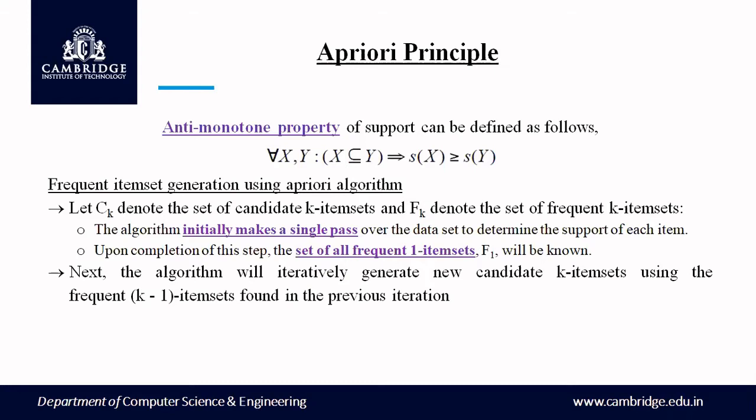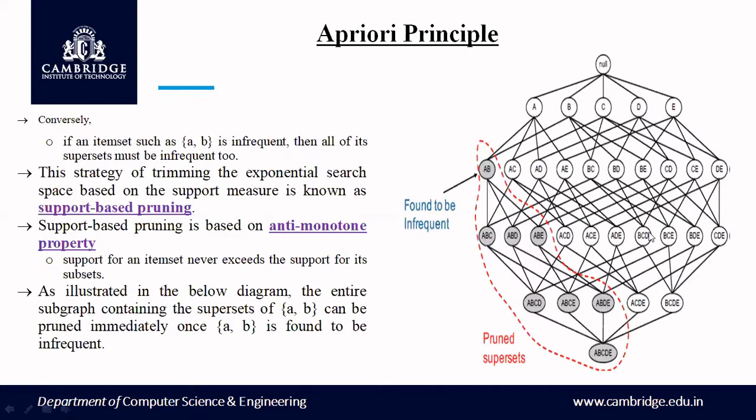The algorithm first makes the first pass over the lattice structure and picks out all frequent one item sets. Once the frequent one item sets are found, it's easy for us to apply the apriori principle. There is meaning in going for the next candidate two item sets. In the candidate one item sets, if any particular candidate is removed, for example, if A and C itself is not satisfying our minimum support count, then obviously I need not proceed for any further candidate item set generation through A and C. It's pretty much clear.